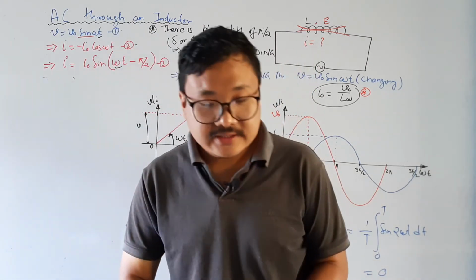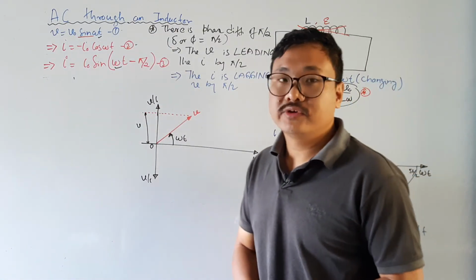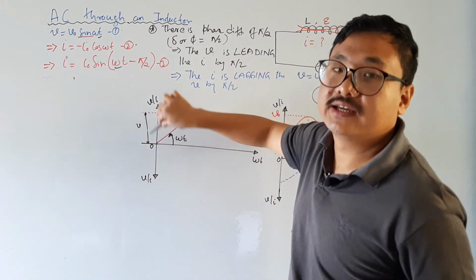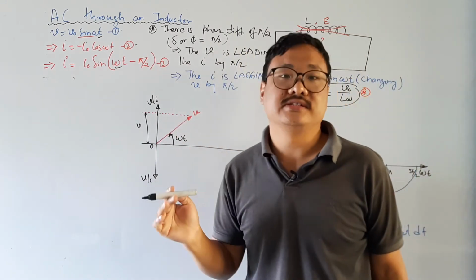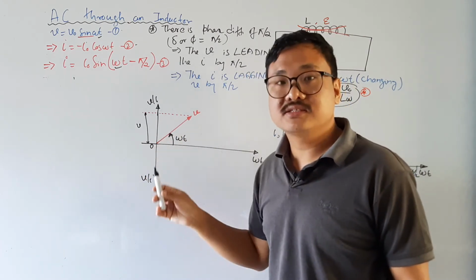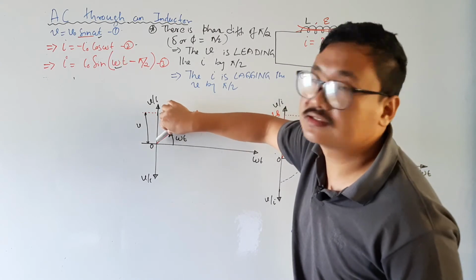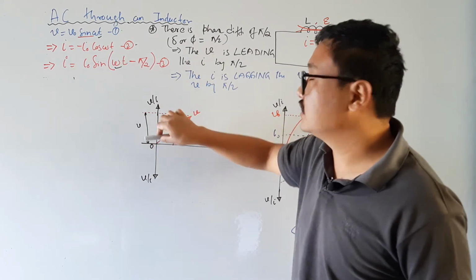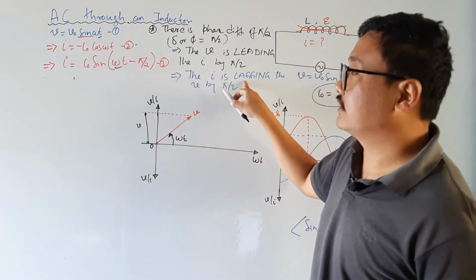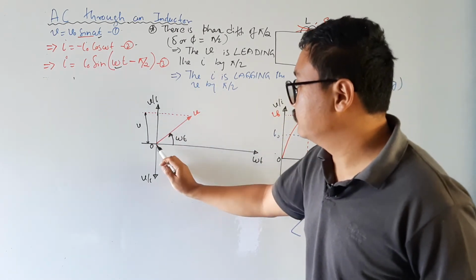Now, in the previous phasor diagram, we had drawn the current and the voltage in the same line, stating that there is no phase difference. But here we have got the phase difference. It means that we cannot draw the current in the same line. We have to draw the current in some other direction. Since the current is lagging, we have to draw the current below.